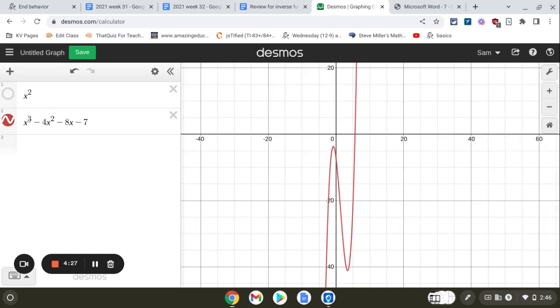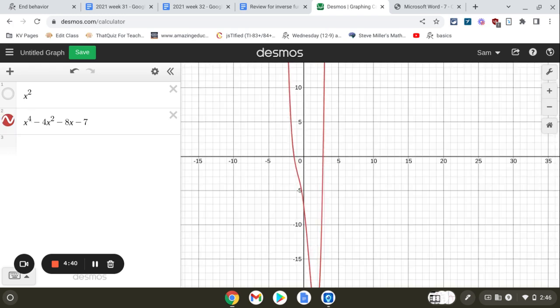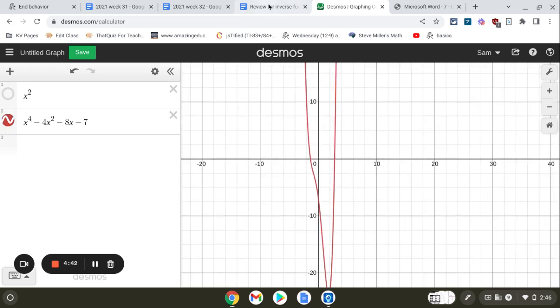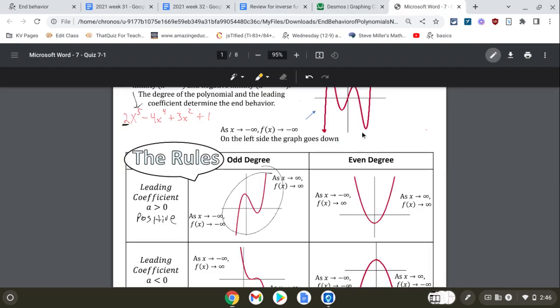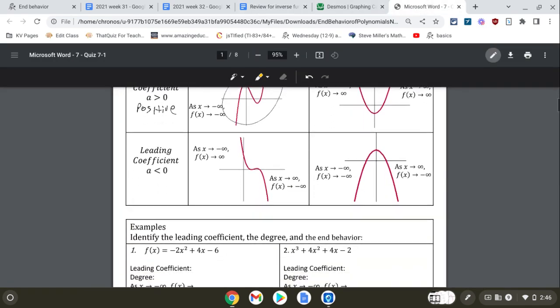As long as the degree here is to the third power, it's going to have that down and up look, right? If I switch this to the fourth power, it has that up and up look. All right, that's the idea here. All right, let's go ahead and look at a couple of these examples.